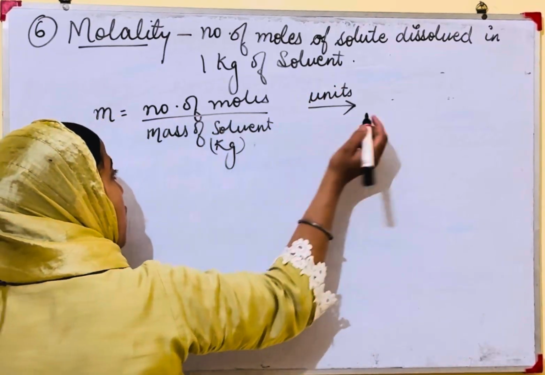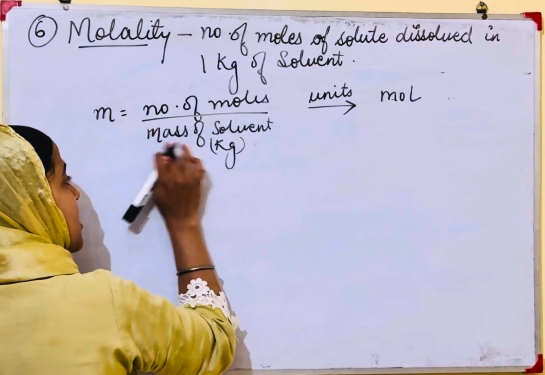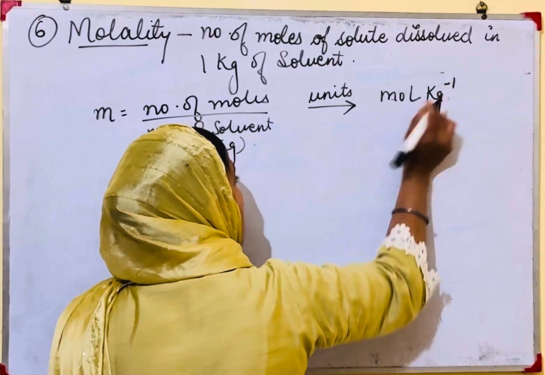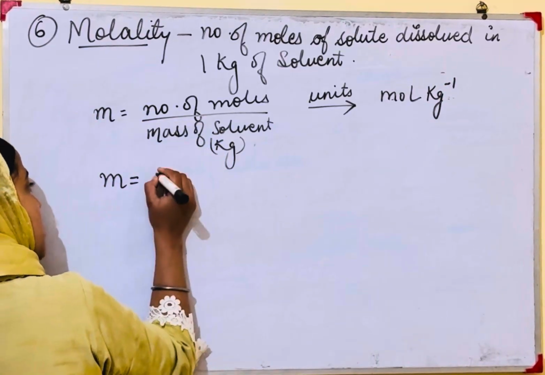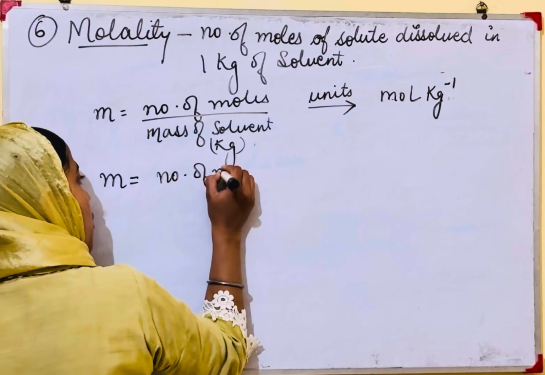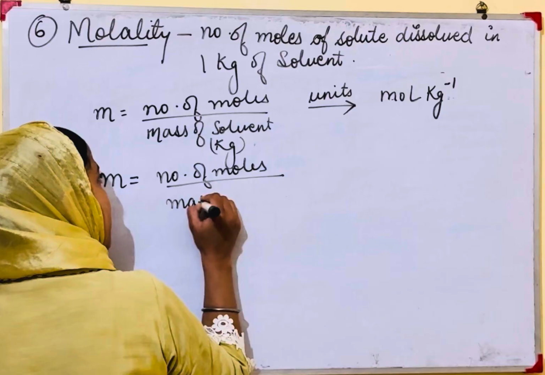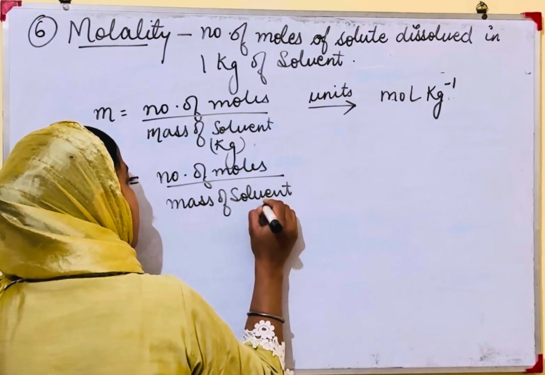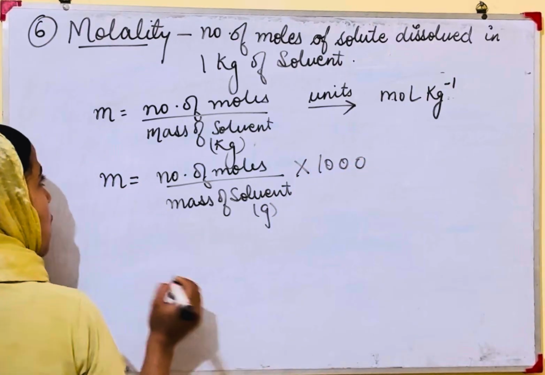Now the unit of moles is mole. Unit of mass is kilogram. It is present in the denominator, so mole per kg. Now if we put the mass of solvent in gram, then we have to multiply by 1000.